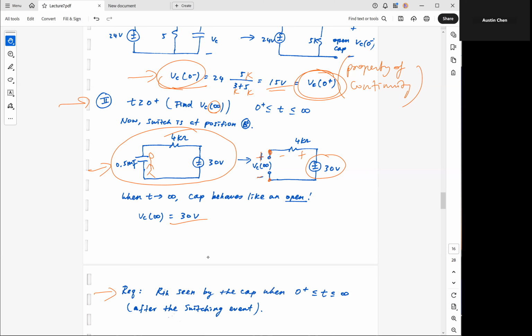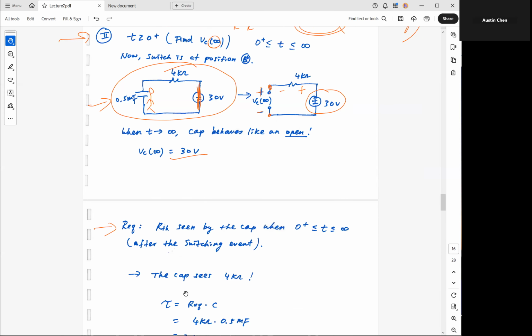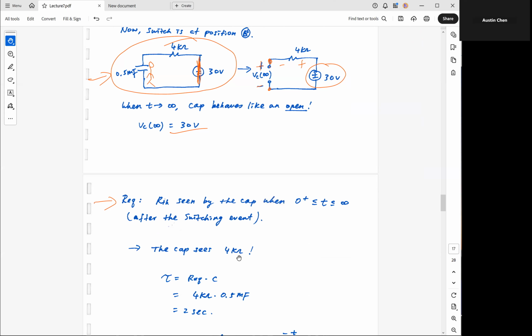Well, we have to deactivate it. So we set this voltage source to 0, which correspondingly means we have a short. So this 30 volt is shorted out. Therefore this capacitor sees 4K ohm, 4K ohm. So Req is simply equal to 4K ohm. You can do this by inspection.